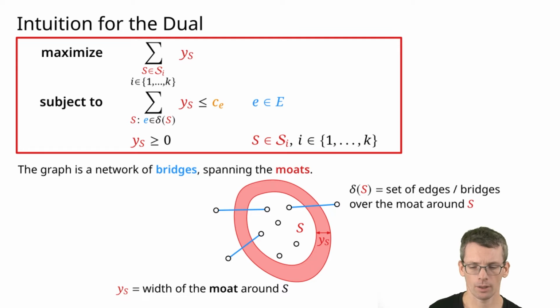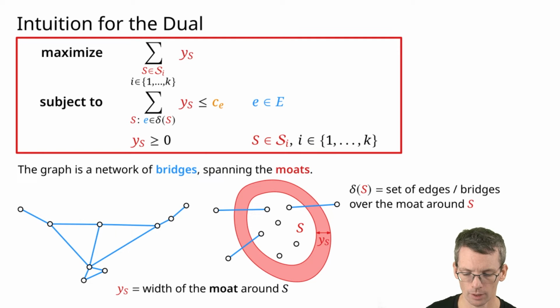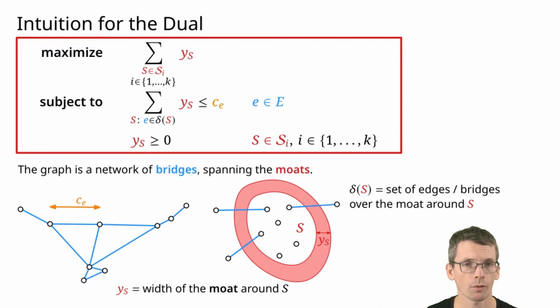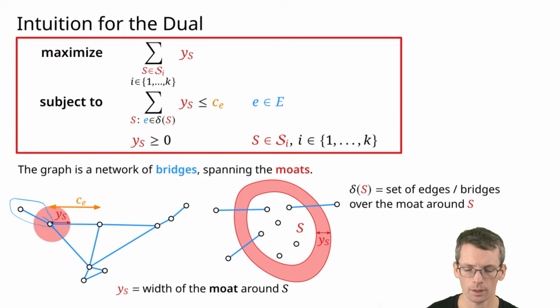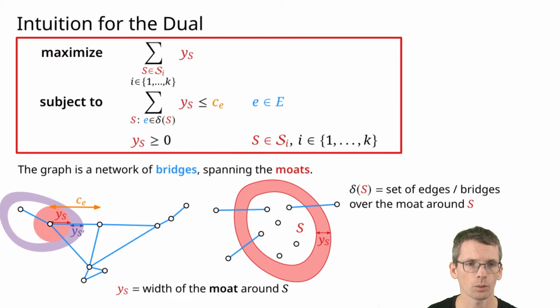And let's have another example. If I now consider different sets S, then I get lots of moats. So here the S is simply this vertex, only one vertex. I'll have a moat around that, and I could also have those two as a set, and then I have a moat around those two, and so on.